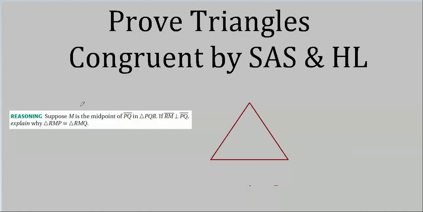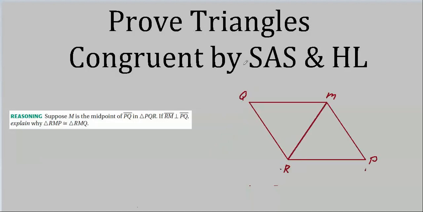So what's all this mean? M is the midpoint of PQ. Well, gee. Maybe I better label this thing, huh? How about RMP? That sound good? As I said, I'm really bad at visualizing this stuff.